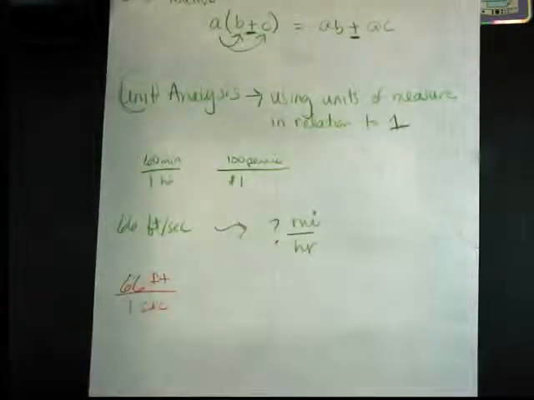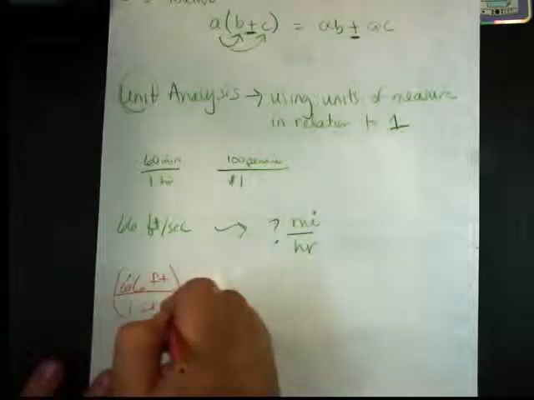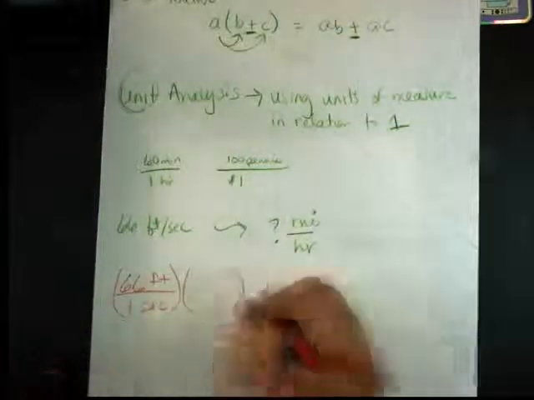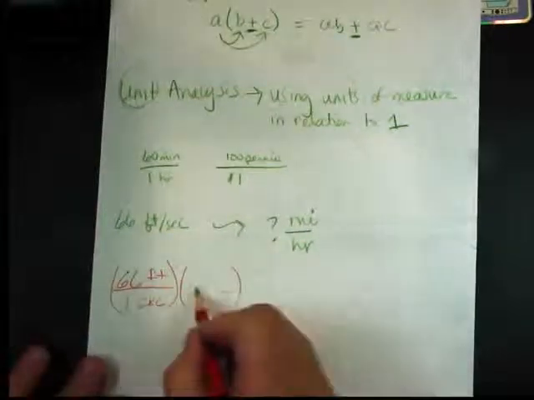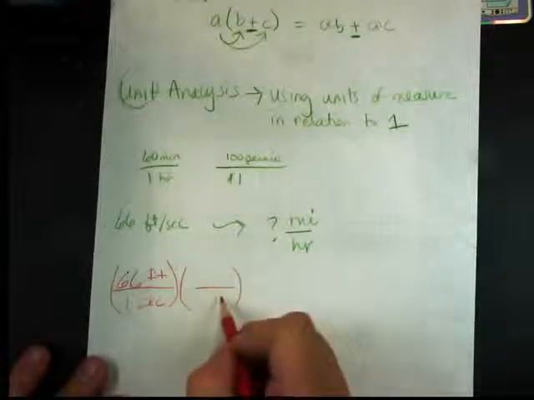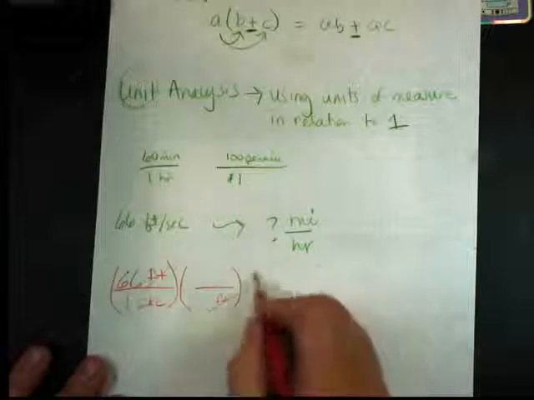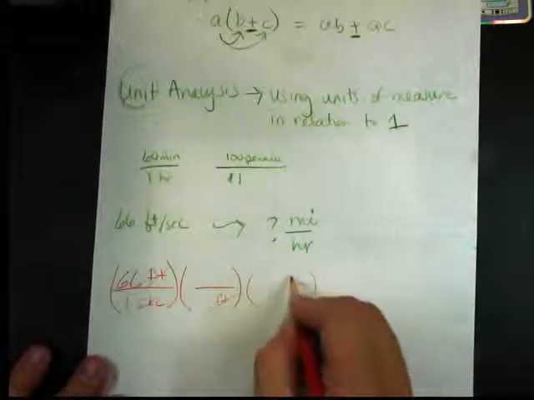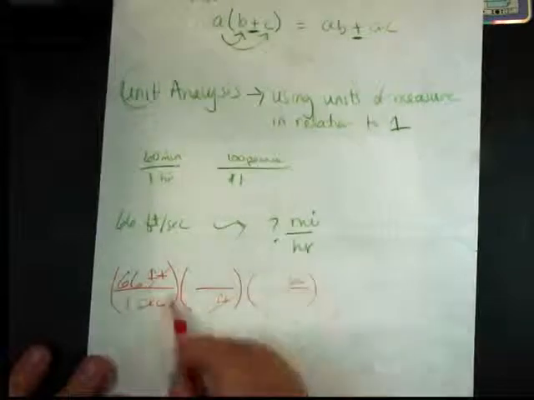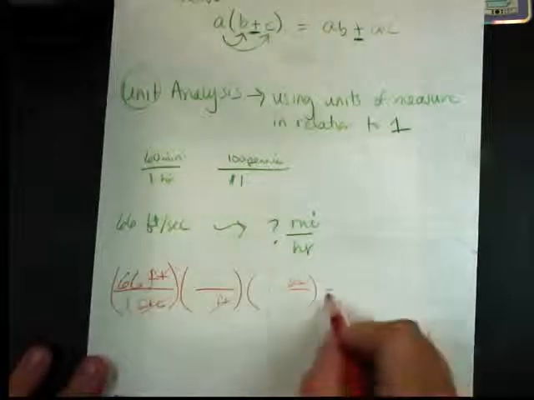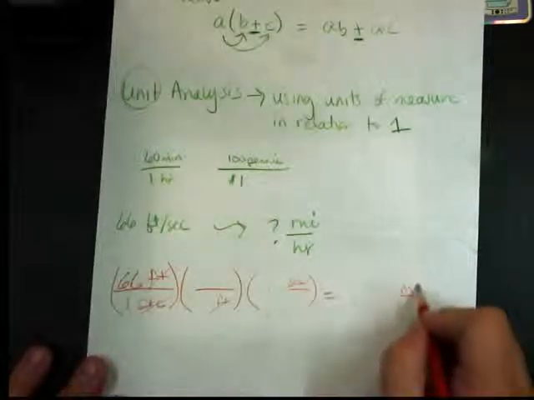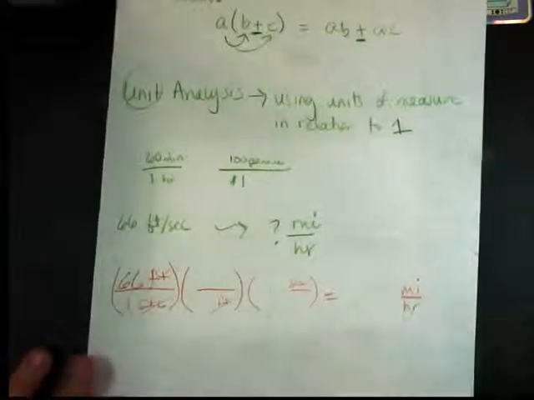That's the given information. I need to be able to multiply it by something so that I can get rid of feet, so that I can get rid of seconds, and end up with miles per hour.